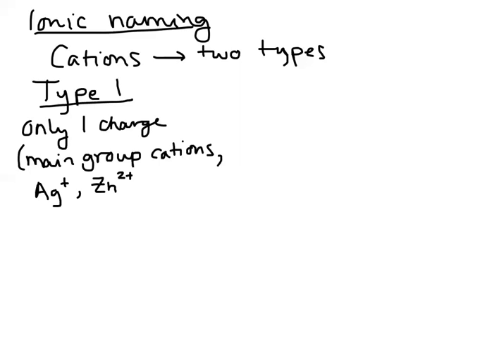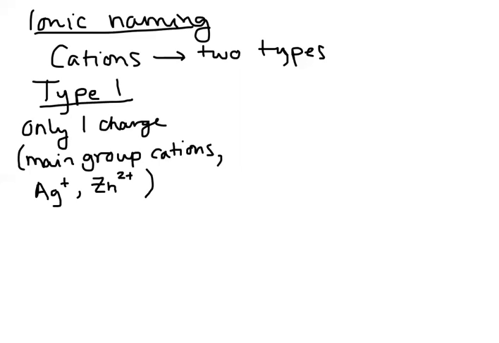So that's how you remember that it's zinc and silver, and those are the charges. So it goes aluminum 3 plus, zinc 2 plus, silver 1 plus. So those are the two transition metals that can only have one charge.